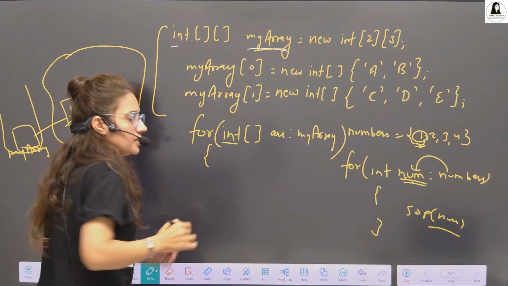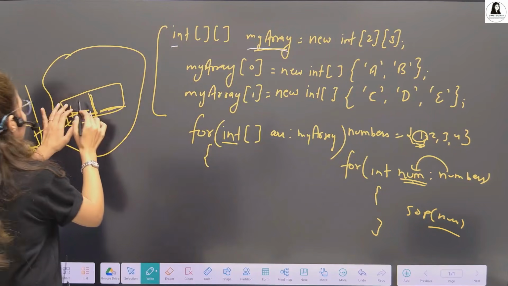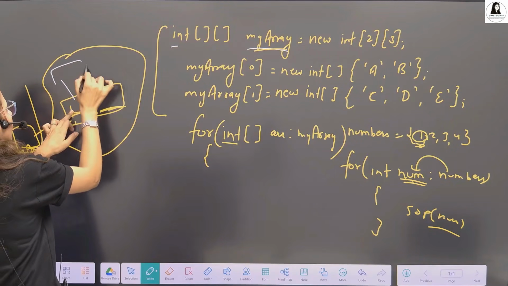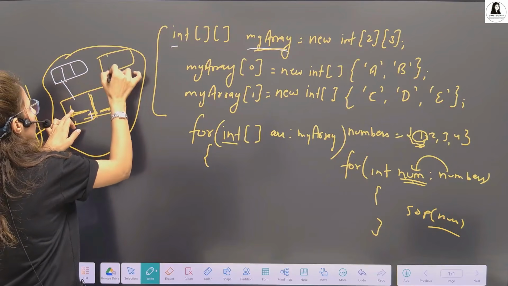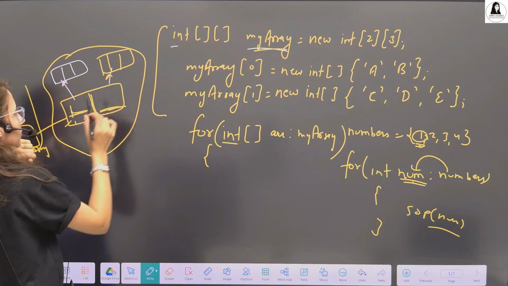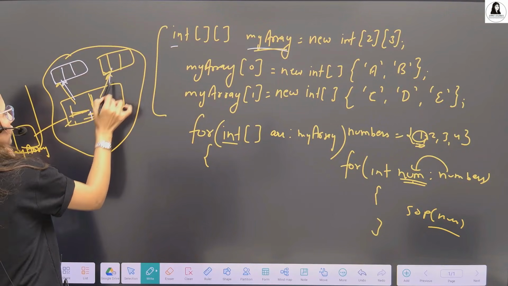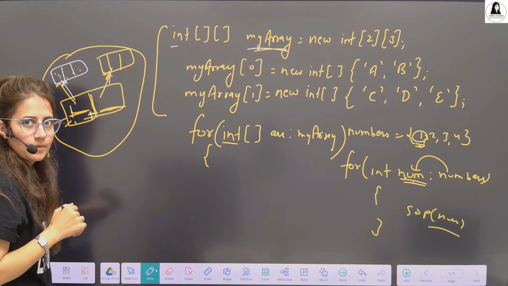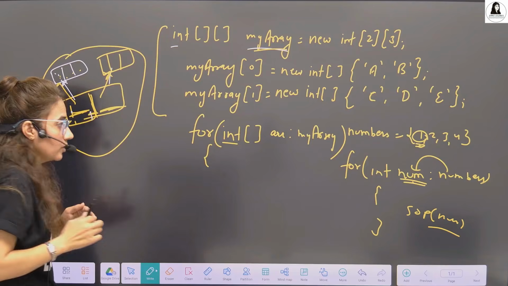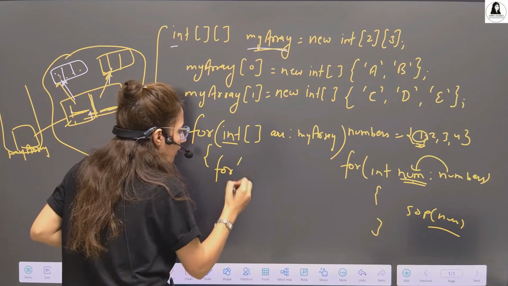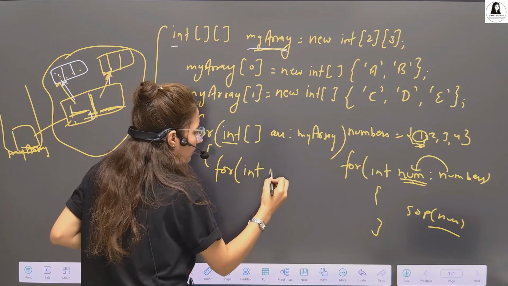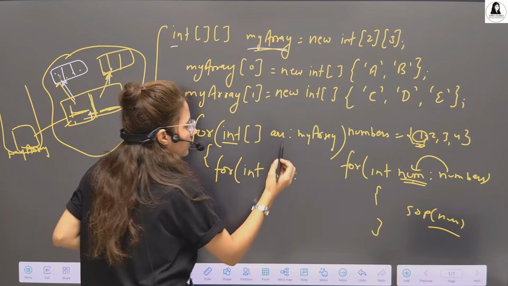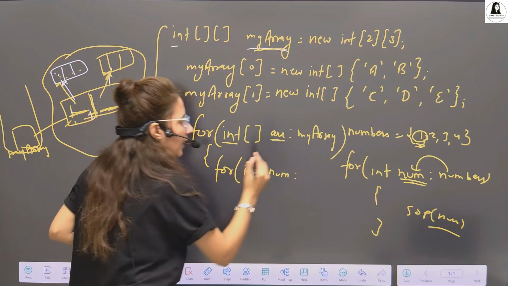Now this inner for loop. Within this 1D array we have like 1 2 3, 1 2 3. Three columns are there. So it is referring to this, and this. Now you have to access individual elements within this row. So now the inner loop will have a simple element, suppose num, and from this 1D array.